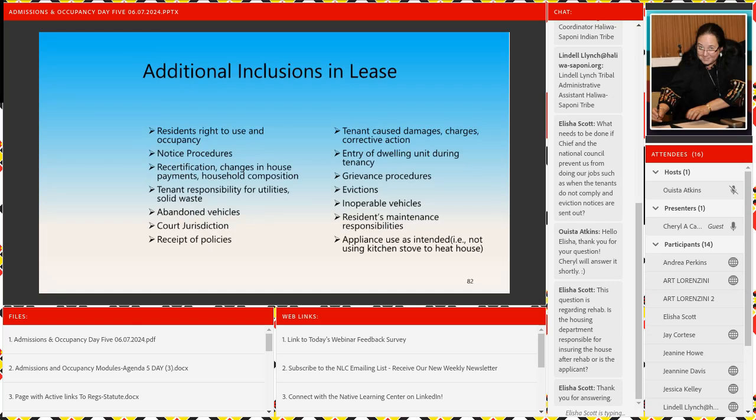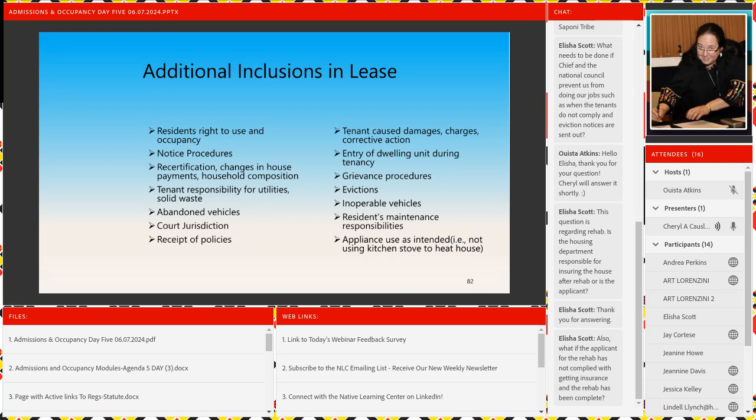Additional inclusions: residents' right to use and occupancy, notice procedures, recertification, changes in house payments, household composition, tenant responsibilities for utilities, solid waste, abandoned vehicles, court jurisdiction, receipt of policies, tenant caused damages, charges, corrective actions, entry of dwelling unit during the tenancy, grievance procedures, evictions, inoperable vehicles, resident maintenance responsibilities, appliance uses intended, not using your kitchen stove to heat the house.